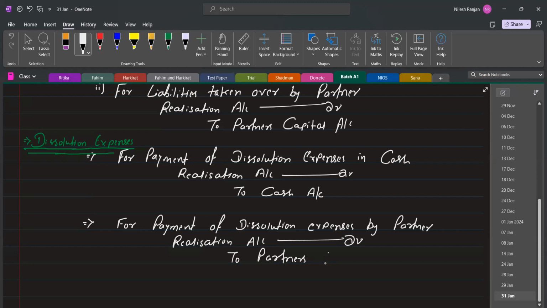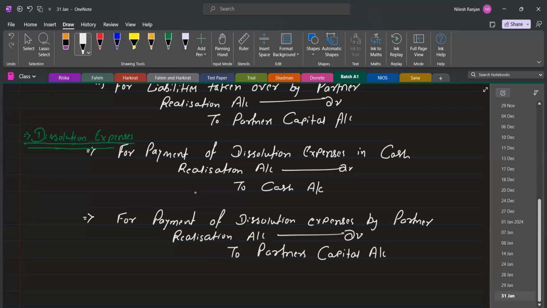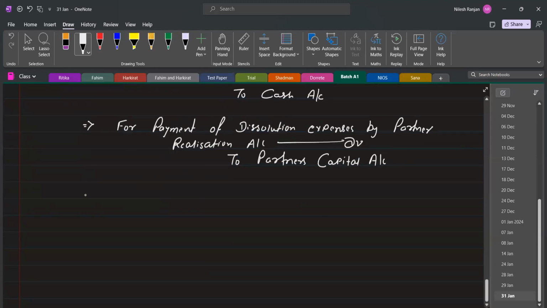So it is the same as the liabilities also. In liability also, we write these two entries for cash and for partner's capital, but there is one more entry related to dissolution expenses.